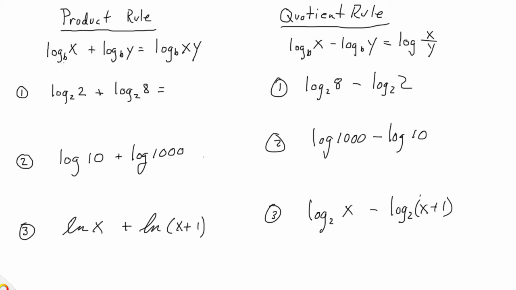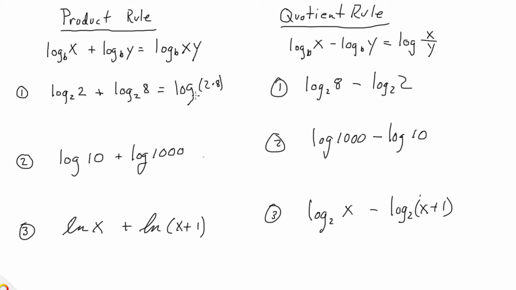If we have log base b of x plus log base b of y, it turns into 1 log with multiplication. So let's do that. We have log base 2 of 2 plus log base 2 of 8. This will turn into 1 log with multiplication. So it'll have a 2 and an 8, but those two things will be multiplied together, not added anymore.